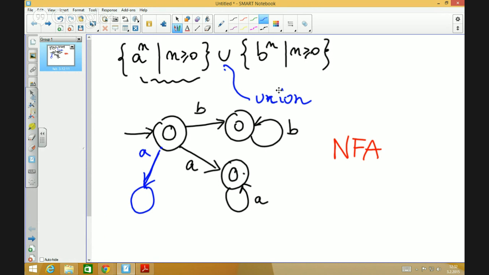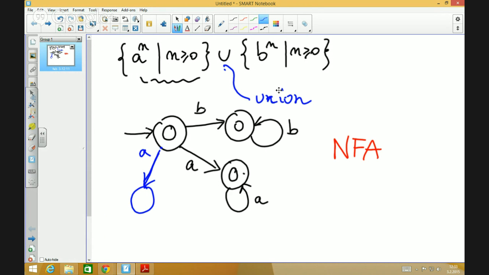Going the black way is good, because at the end of having read the A, you would be in an accept state. Does it matter? No, because the mantra is: an NFA accepts an input string if and only if it has some way of processing it that leads to an accept state.